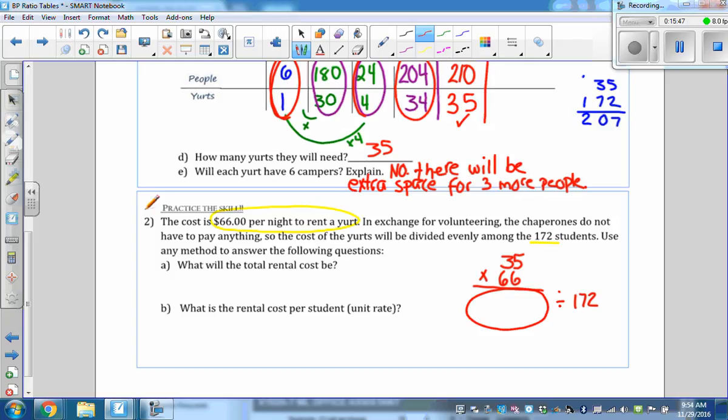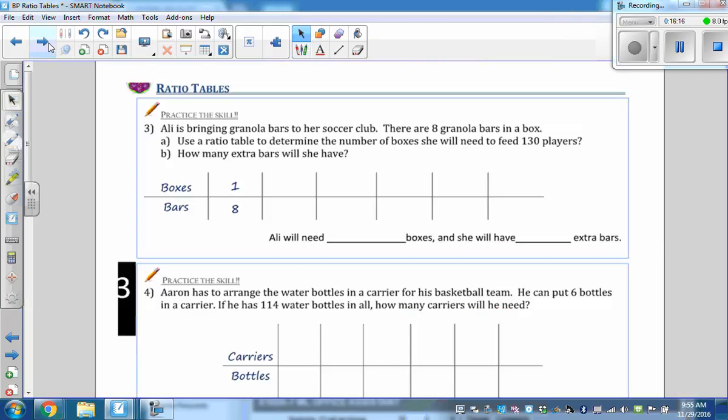That's your goal. And that will help you do both this part and this part. This is going to be your total cost right here. And then you're going to divide by 172, which is going to figure out your unit rate. And then when you get to problem 3, it's no longer about yurts. You just keep working on these problems.